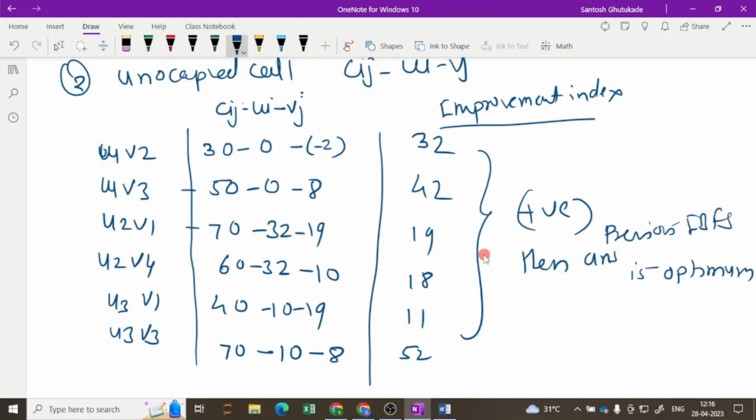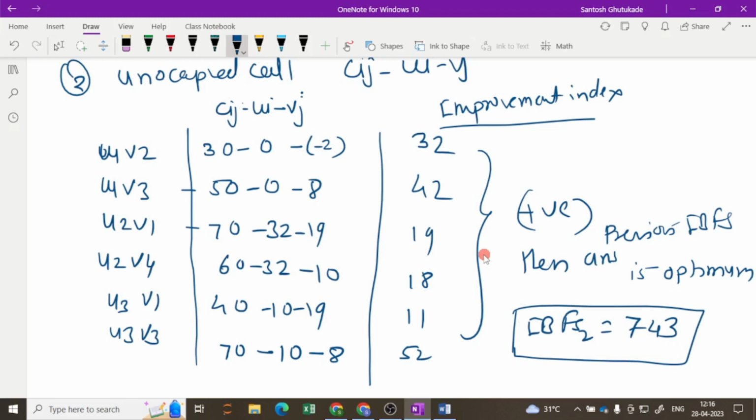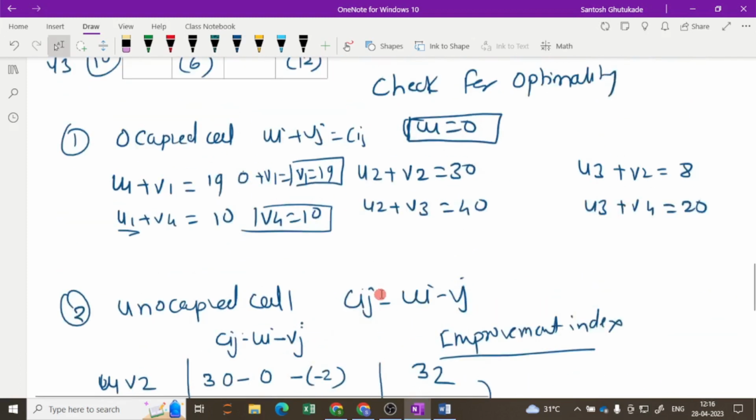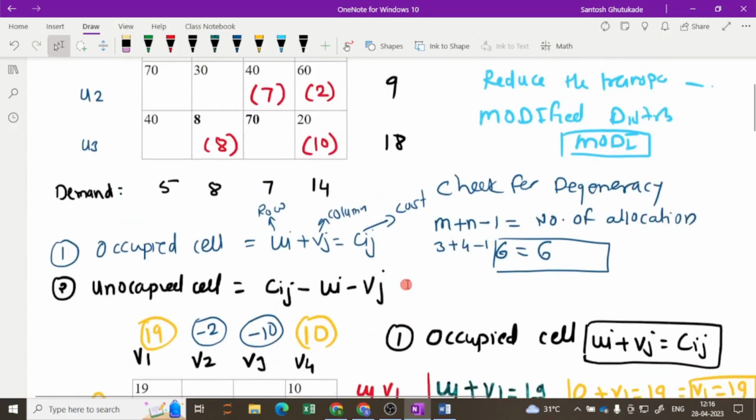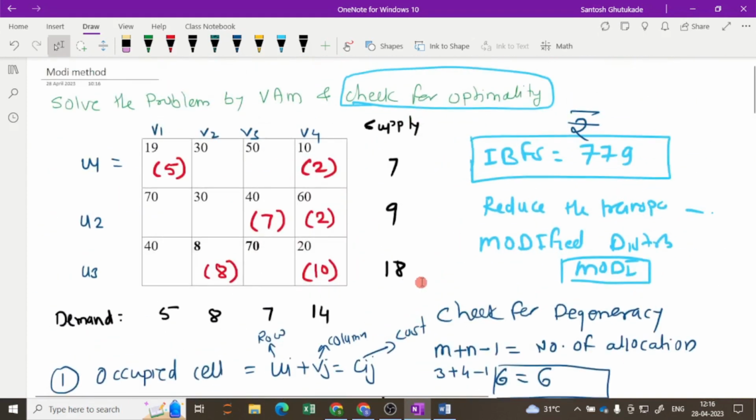So the previous IBFS is IBFS 2, initial basic feasible solution 2, and that value is 743. So that is the optimum answer. Means what? We cannot reduce the cost below this because we got all positive values here. So this is checking for optimality, and this is the modified distribution method, or we can say the UV method. Okay, so thank you.